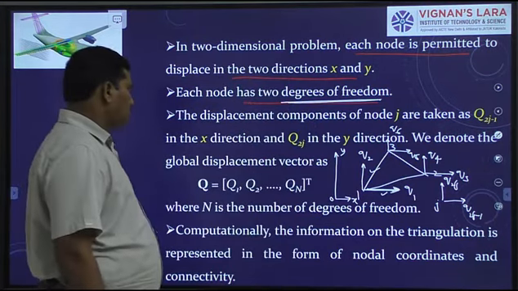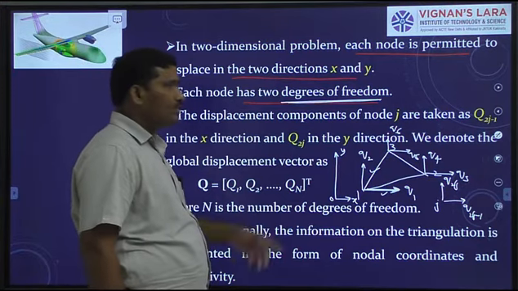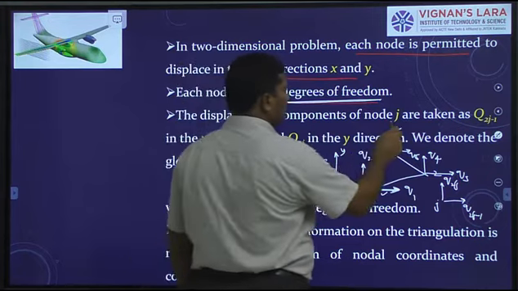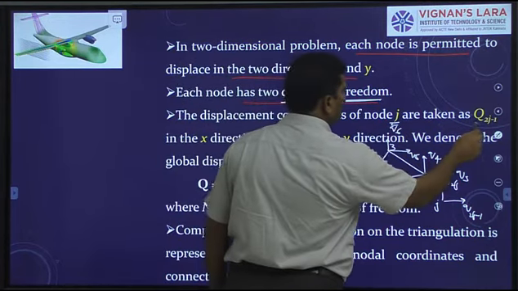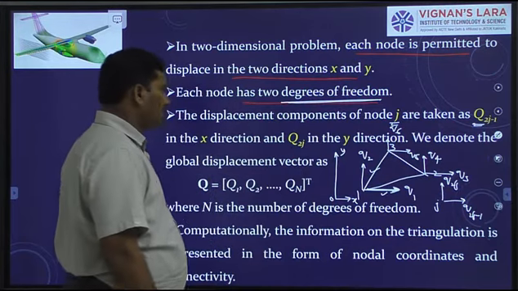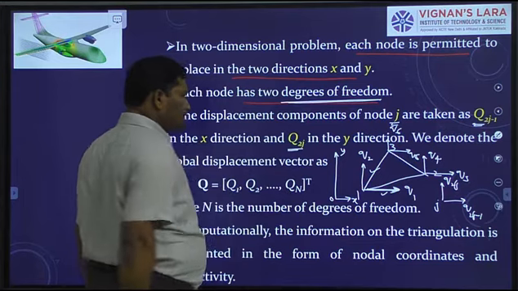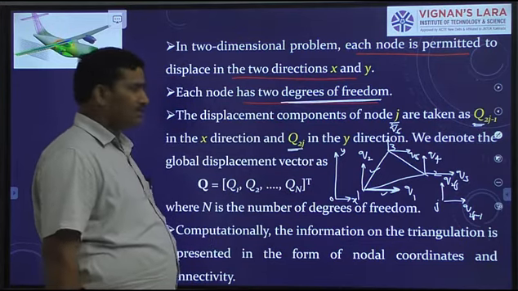As I told you, to denote the nodal displacements in the domain we use capital Q. If J denotes the node number, capital Q2J minus 1 is the displacement in the direction of x-axis, and Q2J the displacement in the direction of y-axis.